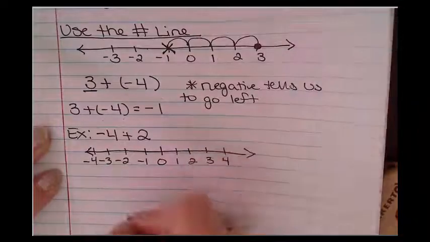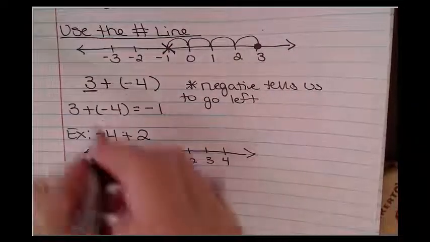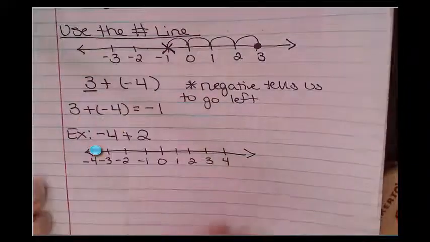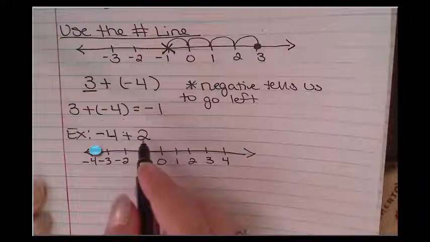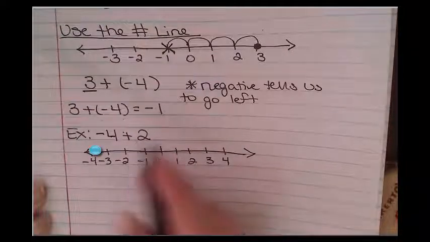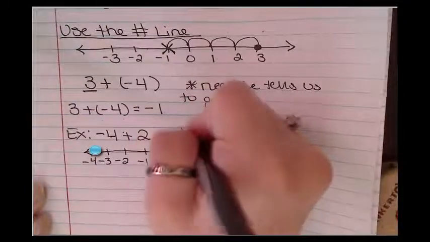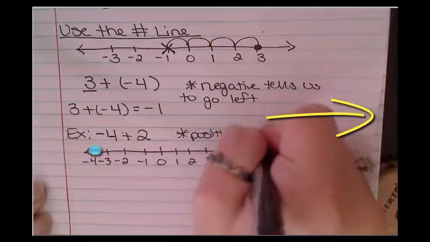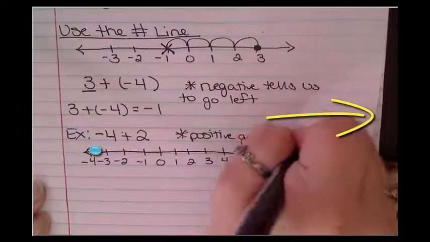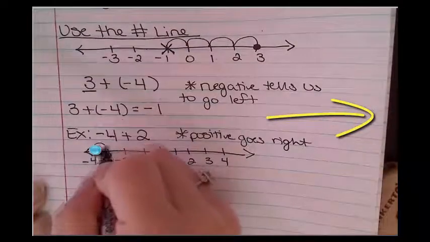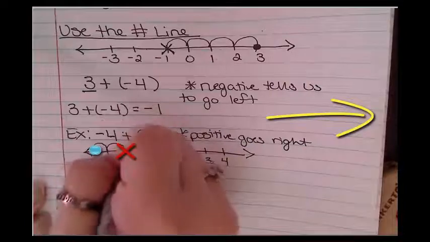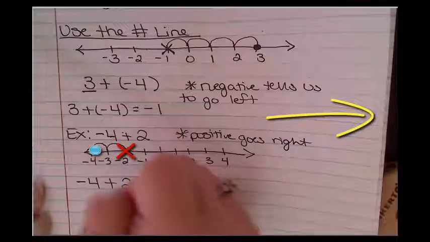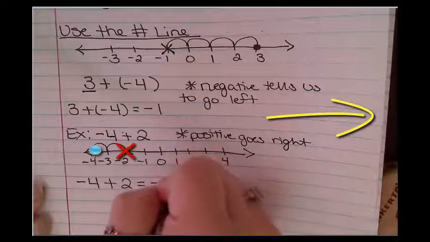We're looking at our first number, which is negative 4, so we're going to start at negative 4. Where it says plus 2, that's a positive 2, and positive goes to the right. So we start at negative 4 and go 1, 2 spots, and that leaves us at negative 2. So negative 4 plus a positive 2 equals a negative 2.